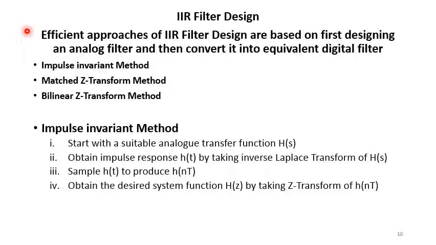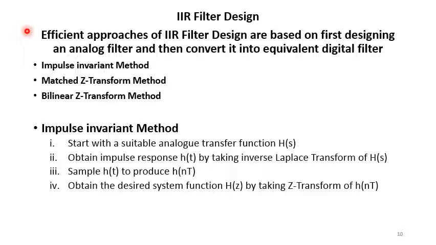So the first method we are going to discuss is the impulse invariant method. That's quite straightforward: first we need to design a filter in the analog domain, and then the resulting system function is converted into an equivalent digital filter.